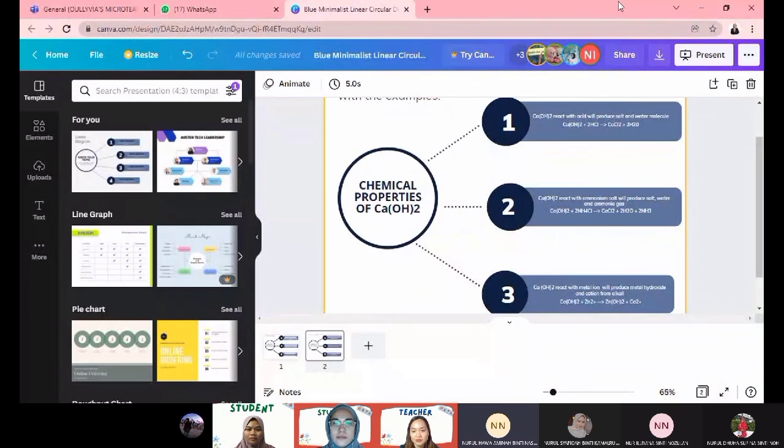While the third reaction is the alkali that reacts with metal ion to produce metal hydroxide and cation from alkali, where the calcium hydroxide reacts with zinc and produces metal hydroxide, which is zinc hydroxide, and also cation from alkali.